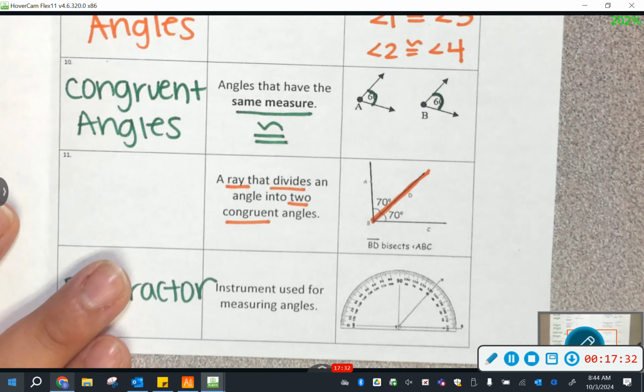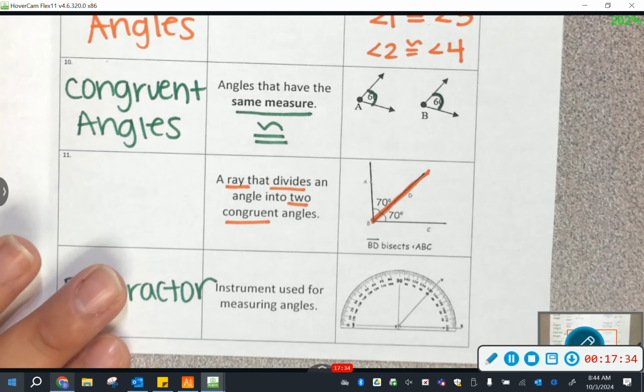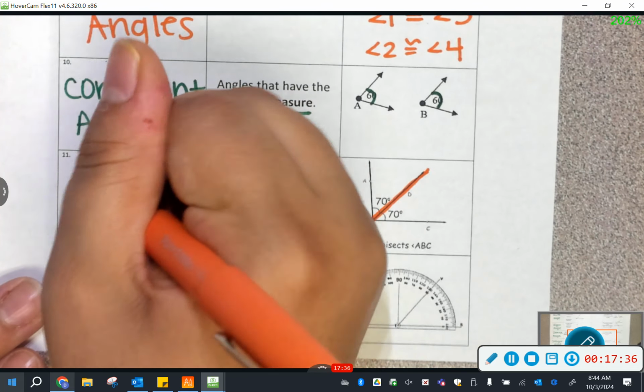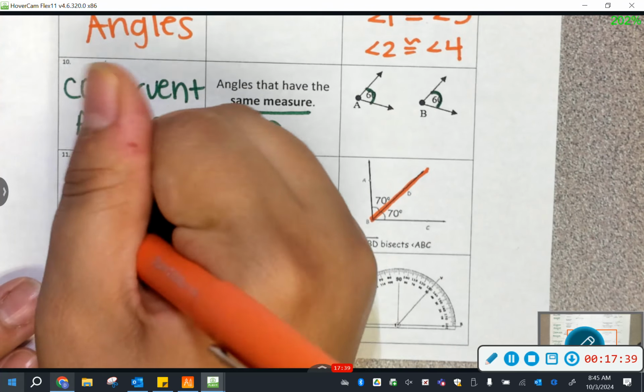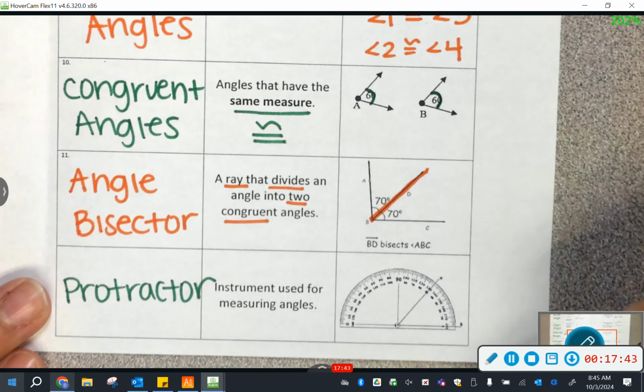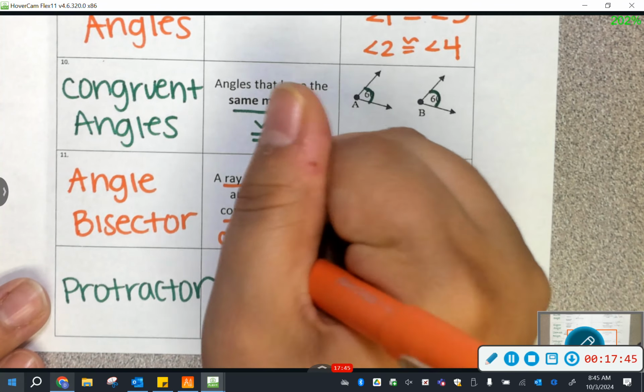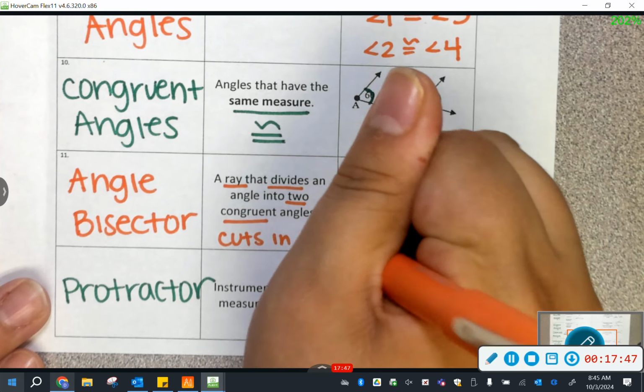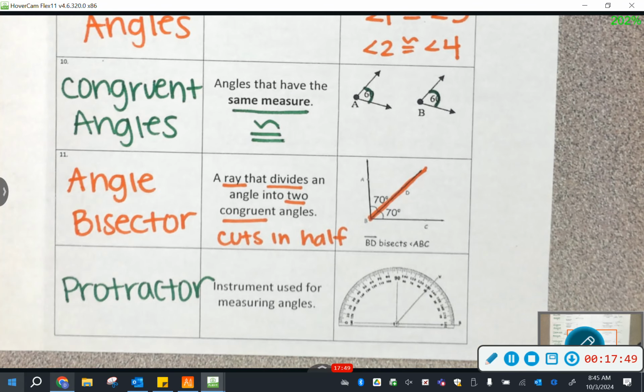What am I doing? What's that word to cut in half? This is an angle bisector. An angle bisector cuts in half. Write that down, please. An angle bisector cuts in half.